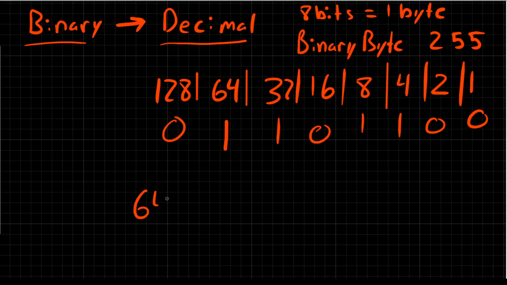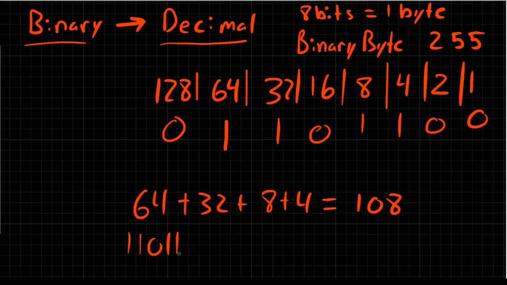We have 64, we have 32, we have 8, 4, and that is it. If we add up these values, we should get 108. So 1101100 in decimal is equal to 108.